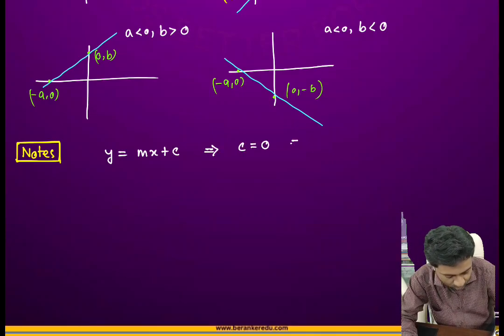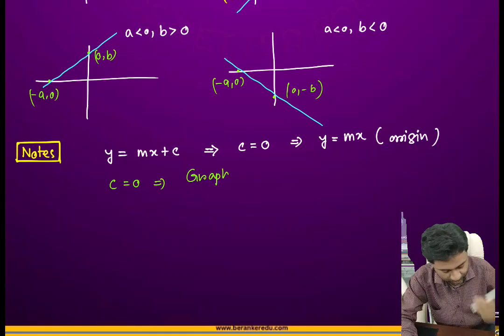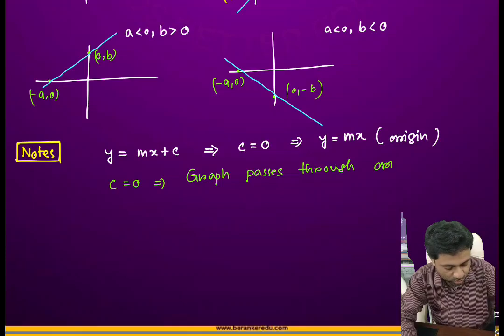In the equation y equals mx plus c that we discussed earlier, if c equals 0, then the graph will assume this form only, y equals mx, and it will be a graph through the origin. So remember, whenever the constant part is 0, the graph will pass through the origin.